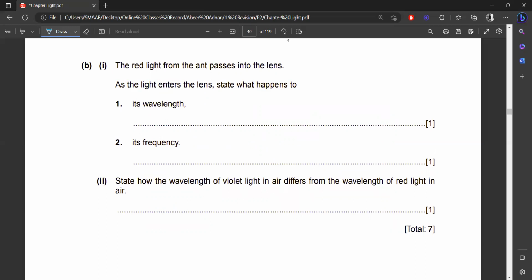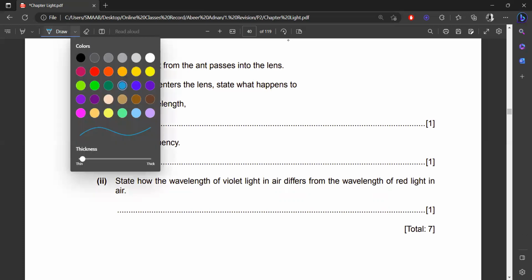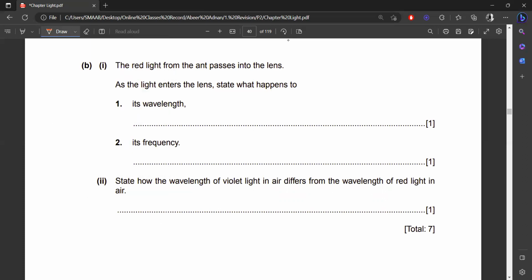Now it is passing into the lens. For frequency, it will remain the same. But if we talk about the wavelength, the wavelength will decrease in the lens.